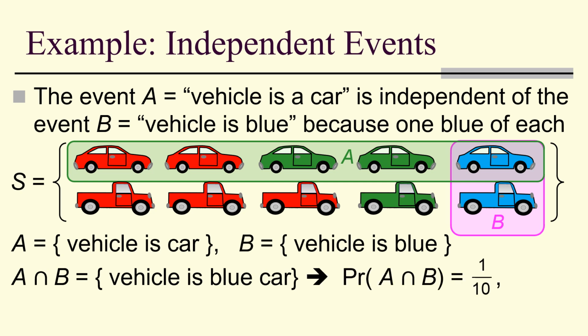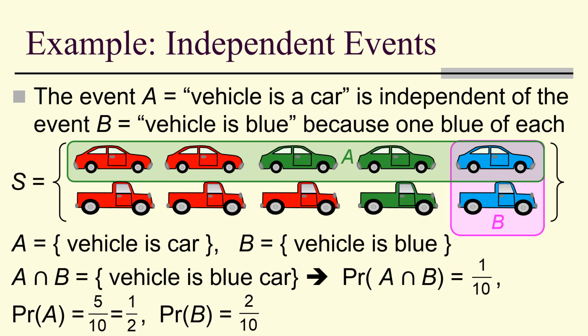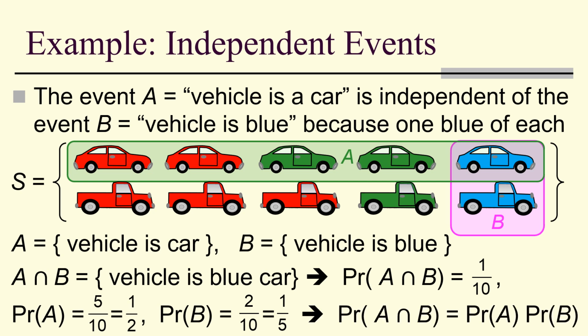And there's exactly one blue car out of the 10 possible. The probability of A, we have a car, is 5 out of 10, which is a half. The probability of B is 2 out of 10, which is a fifth. 1/2 times 1/5 is 1/10. Therefore, the probability of A intersect B is the probability of A times the probability of B. A and B are independent events.